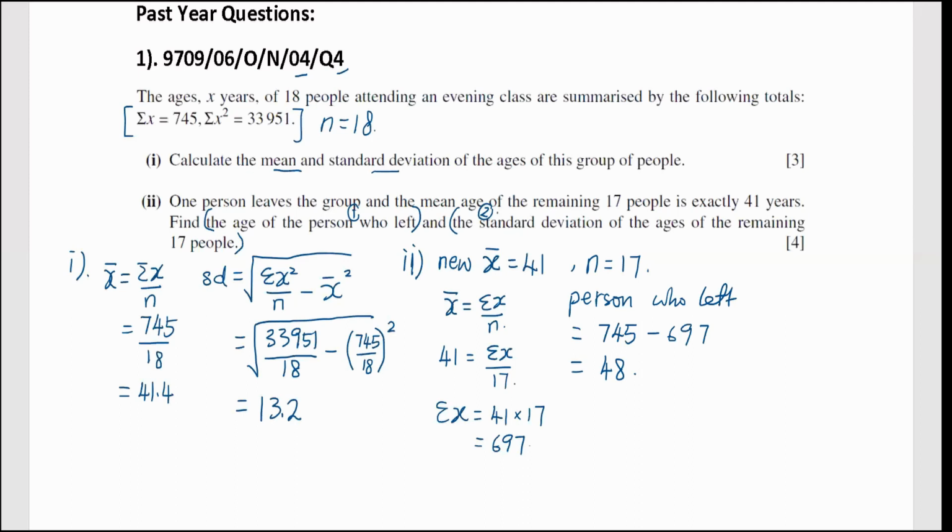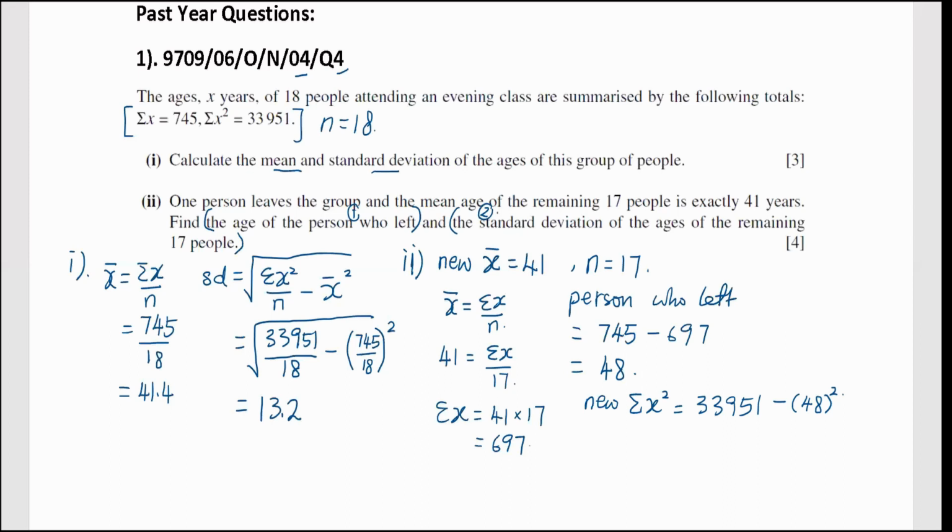And to continue finding the standard deviation, we need to find the new sigma x squared. How do we get the new sigma x squared? From the original sigma x squared, 33951, we subtract the age of the person who left, 48 years, squared. Remember, in the example, in order to find sigma x squared, we square every single data value and then sum them up.